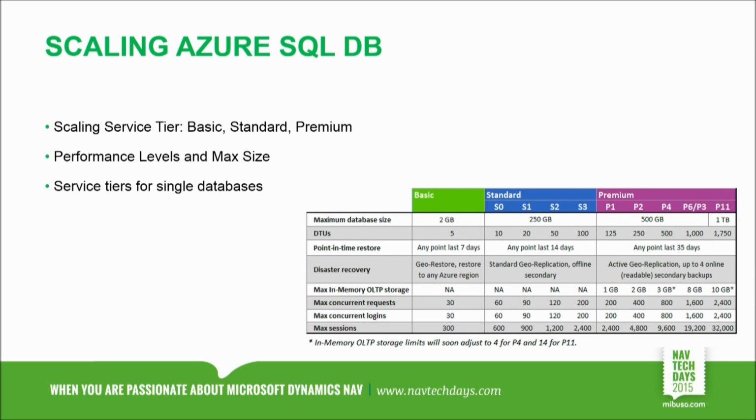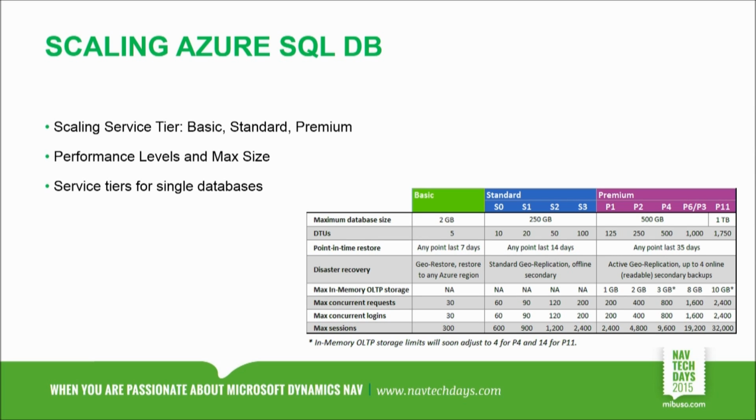If we use single databases as service tiers, we can choose basic. And as standard, we can use S0, S1, S2, S3, and we have a few premium service tiers, P1, P2, and so on. The maximum database size for basic is 2 gigabytes, and this is only for really small databases.